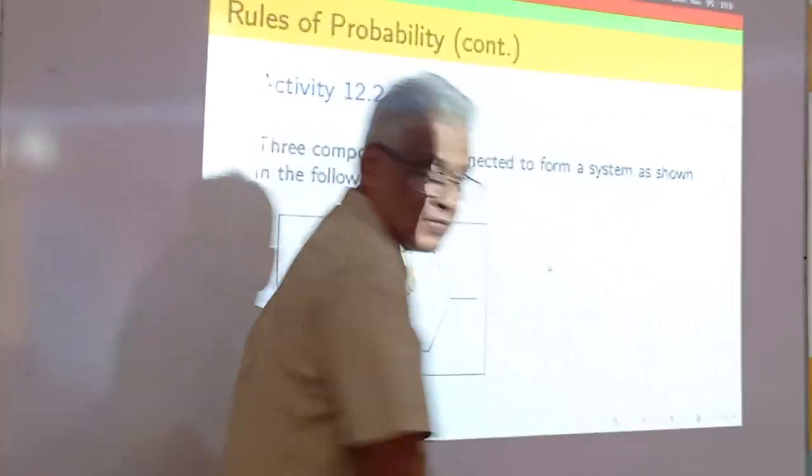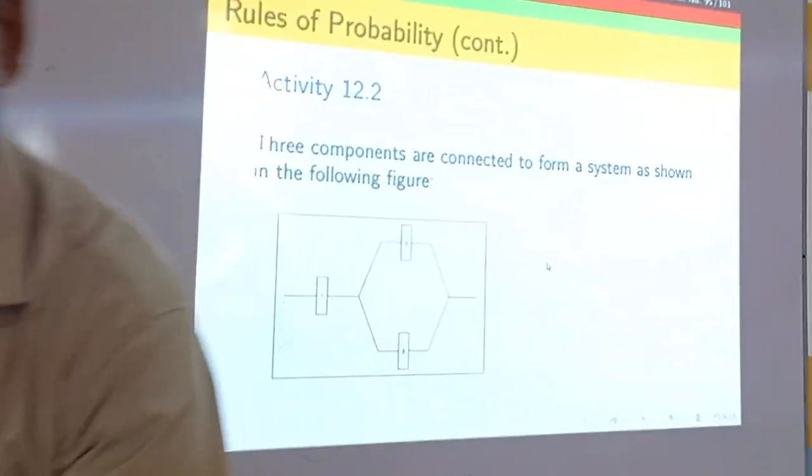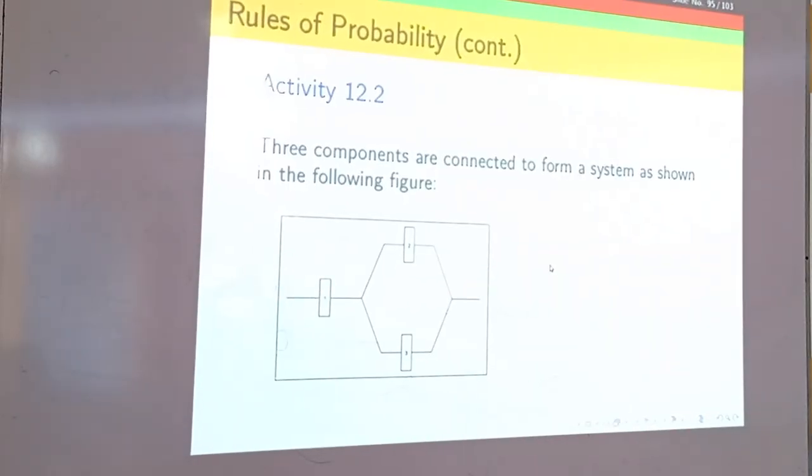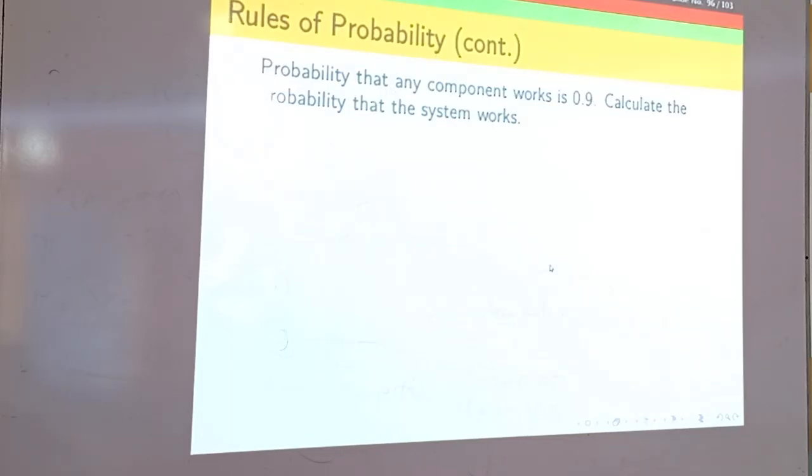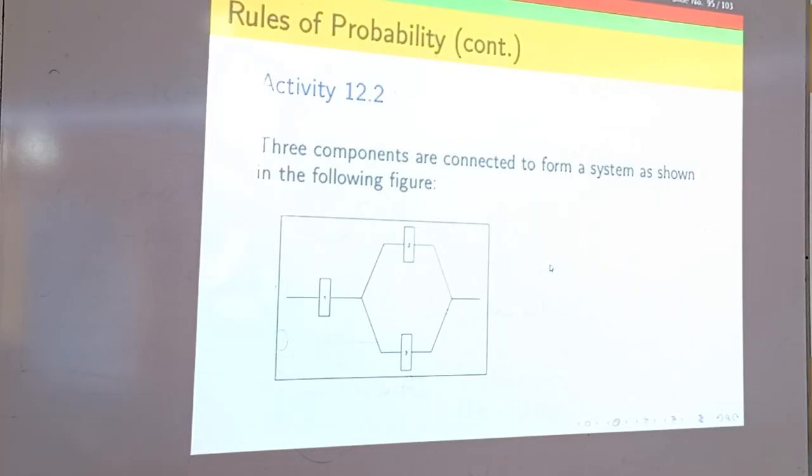So 3 components are connected to form a system as shown in the figure. The probability that any component works is 0.9. Calculate the probability that the system works.